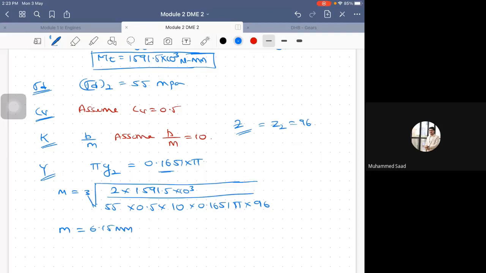Immediately jump into table number 12.2, which is at page number 229. For what purpose do I have to look into this particular table? Standard value, so standardizing the above value.